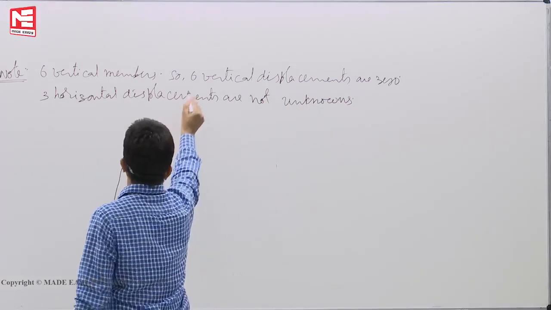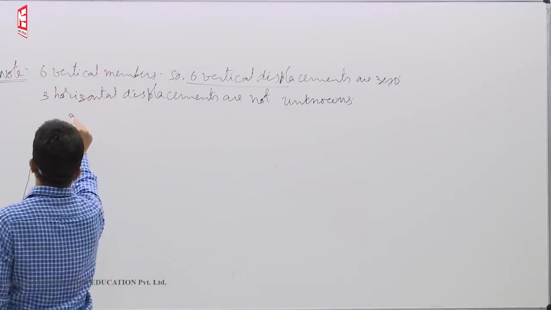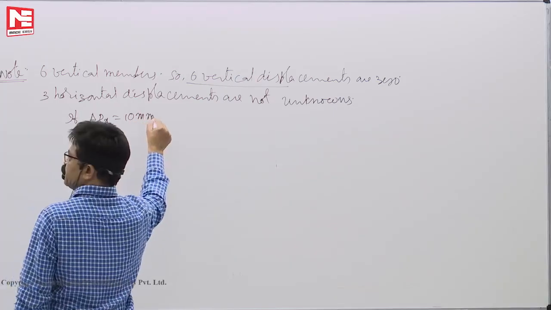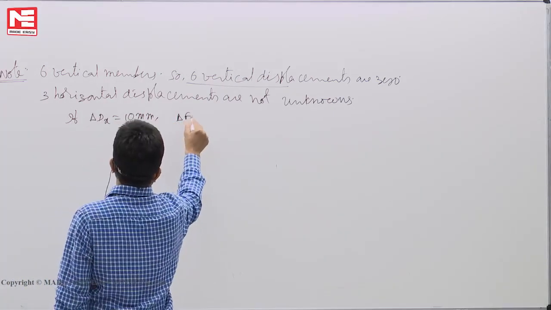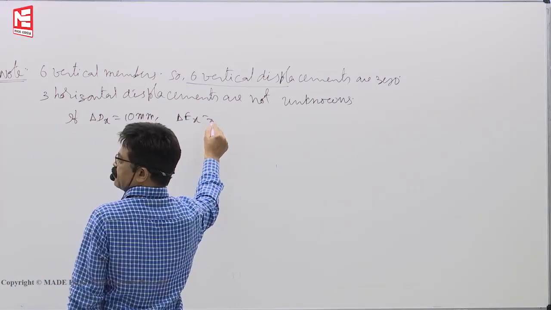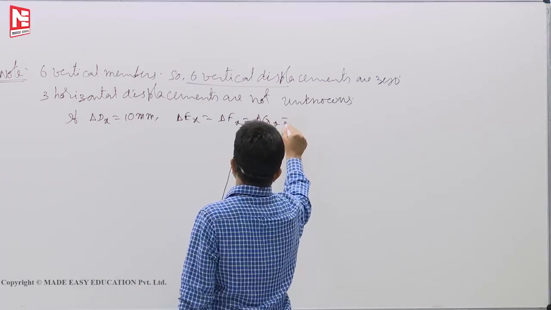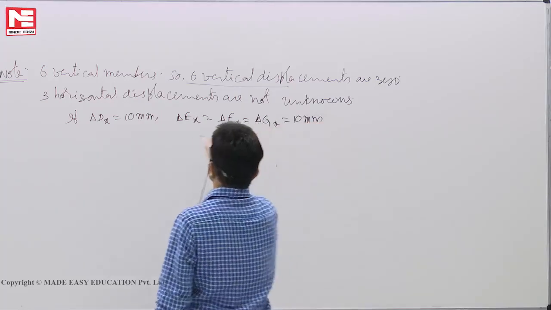That means what? If delta dx is equal to 10 mm, supposing that, then delta ex, delta fx, delta gx are also 10 mm. Okay.